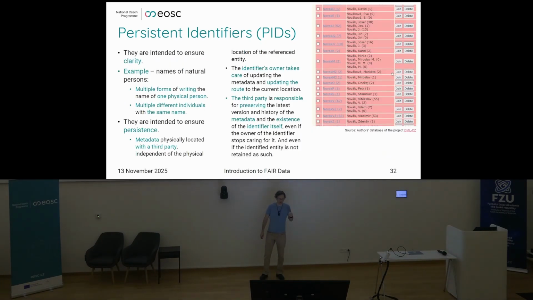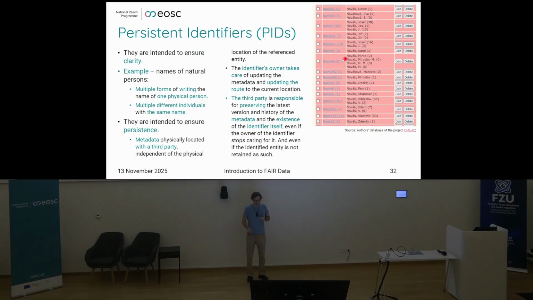So that's one example. The second example is on persons. As you can see, in the Czech Republic, a very common name is Jan Novák. And if you see somewhere Jan Novák or J. Novák, you probably don't know who the particular person is. This is a screenshot from the authors base of the DML-CZ project.